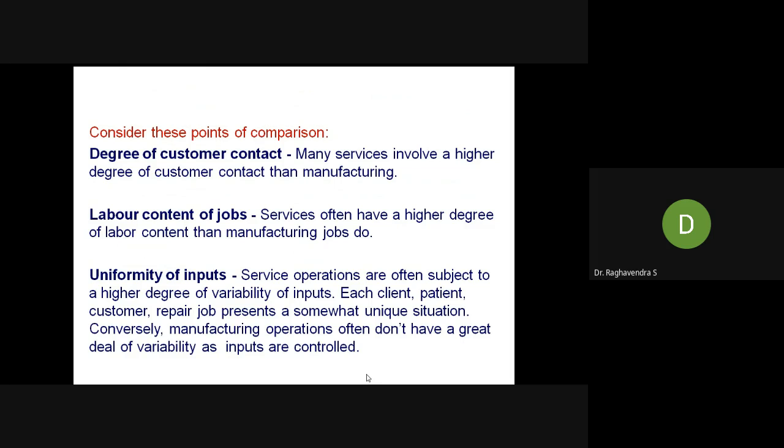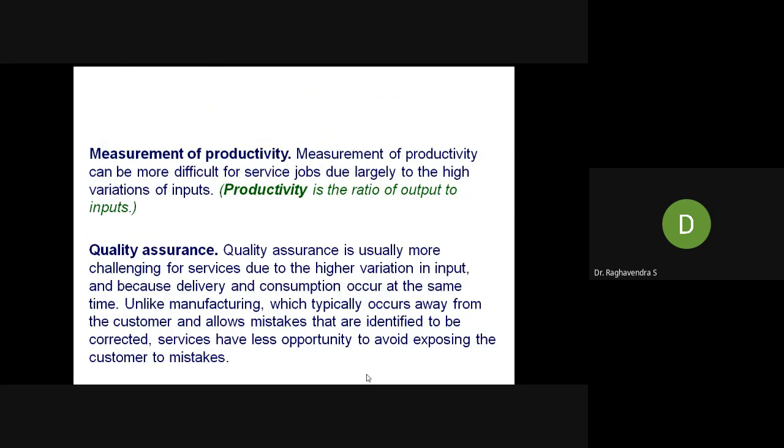Manufacturing operations often don't have a great deal of variability as inputs are controlled. Sometimes inputs will vary as it depends upon the service sector or goods sector. Some sectors require some kind of material, some service sectors require some kind of inputs. It will vary.